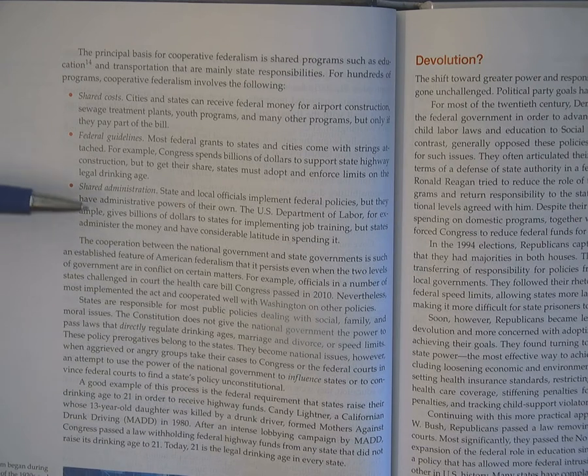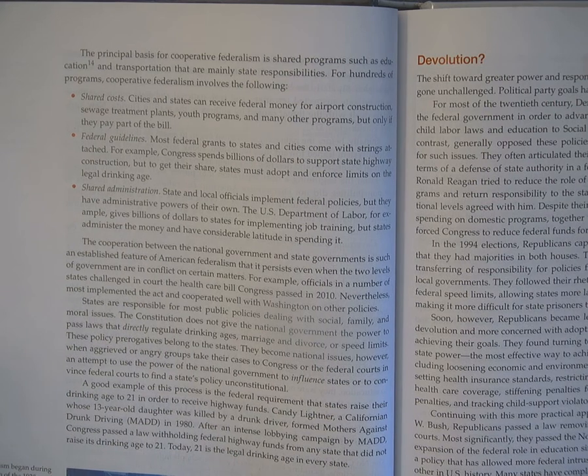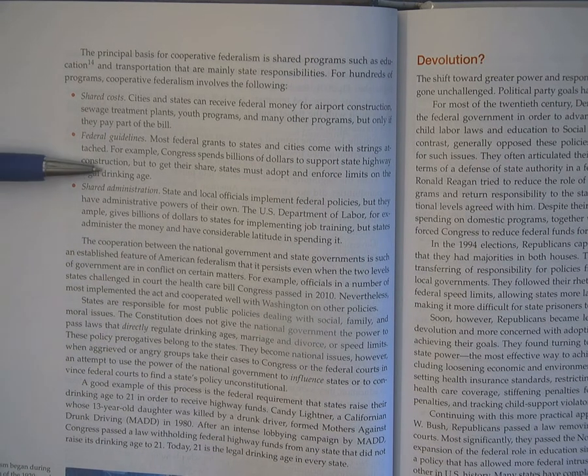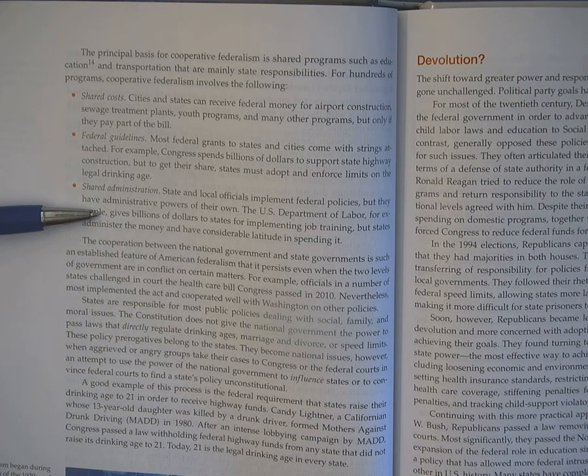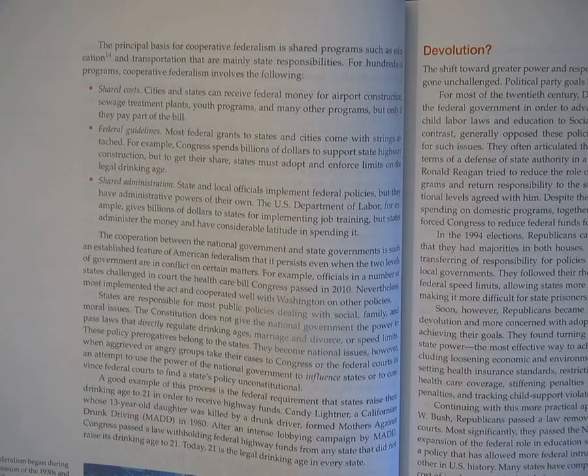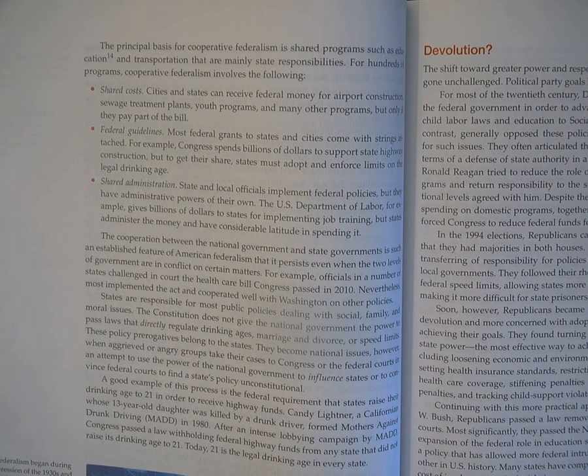If a person qualifies for any of that, they go to the state welfare program and the state workers, but the state workers are using federal guidelines and federal money, as well as state guidelines and state money at the exact same time. That's an important component of cooperative federalism.